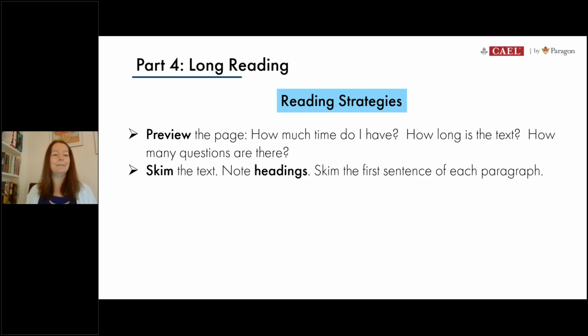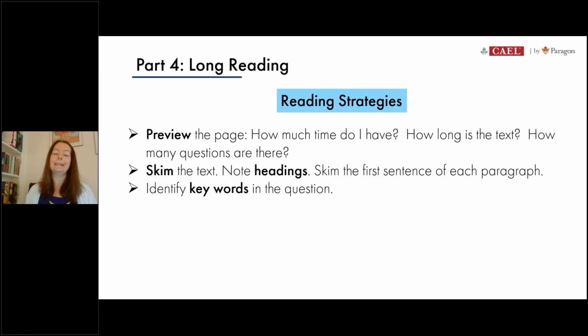And then we take even say 10 or 15 seconds just to skim the text, just to understand what it's about and how it's organized, that might help us actually locate information later. So this text had headings, and that pointed us right away to understanding that this would be a text about history. And then we had a quick look at the first sentence of each paragraph too, just to get the gist of the piece. You're spending most of your time here on the questions.